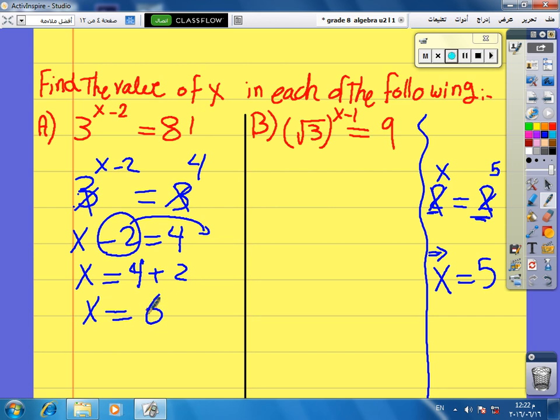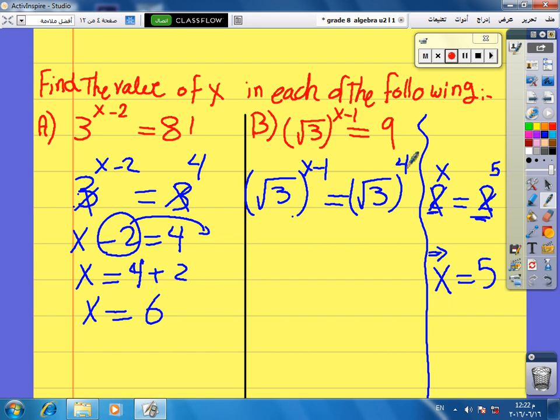Last example here. Square root 3, all power x minus 1, equals 9. I will write square root 3 power x minus 1. I will transfer 9 to square root 3 power 4.